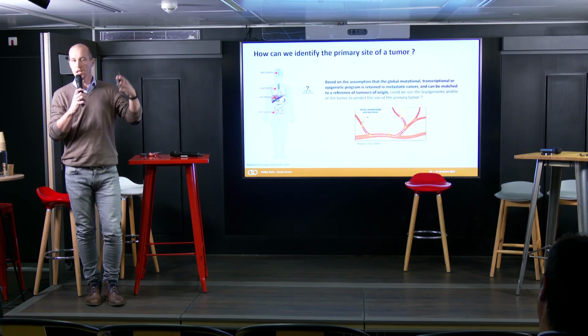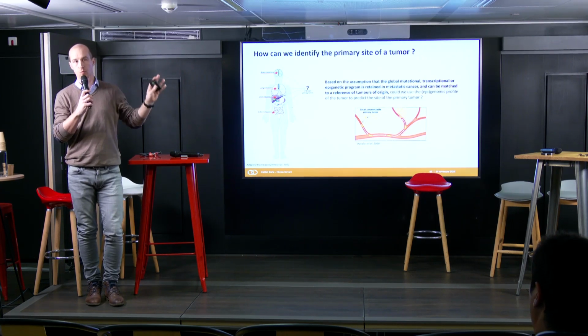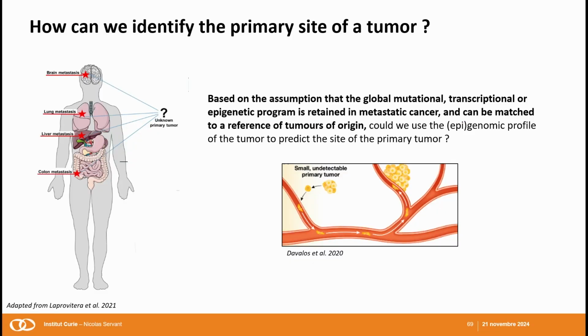Meaning that if we take the metastasis sample and compare it with all the data we have on primary tumors, we should be able to match the profile and make a prediction. This is known in the literature, but there is also a debate about how different metastases are compared to primary tumors, and that's something we can also discuss.